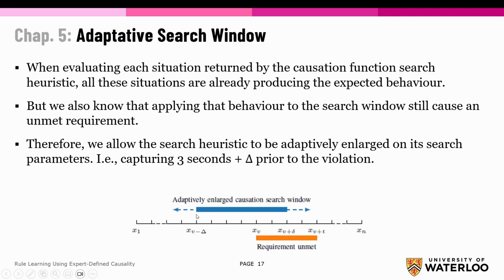If you were to cover the full contiguous sequence with the correct behavior, and it still leads to an unmet requirement, then you simply expand more and more in the search direction to fine-tune where you should start to perform that behavior.